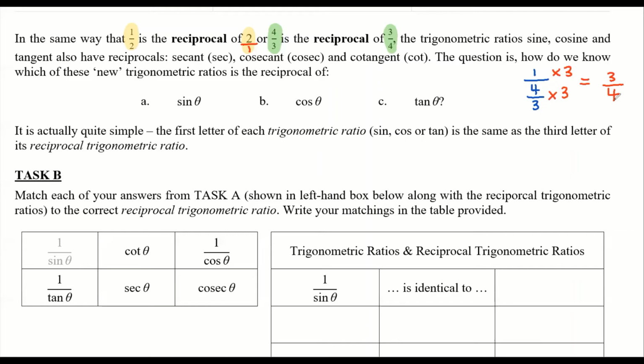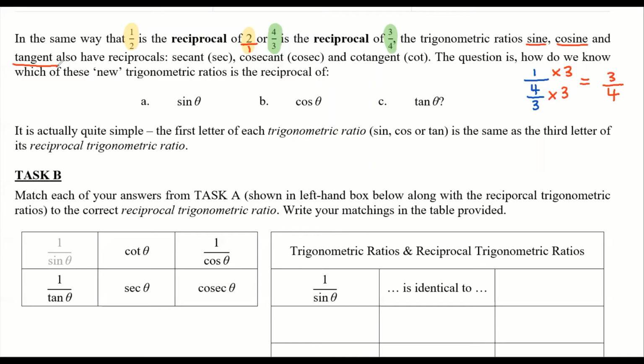Now, trig functions, the ones you've met already, which are sine, cosine, and tan, or tangent, to give it its proper name, they also have reciprocals. And these are not in the correct order. So this is not respectively. We're going to work out which one matches to which in a second.